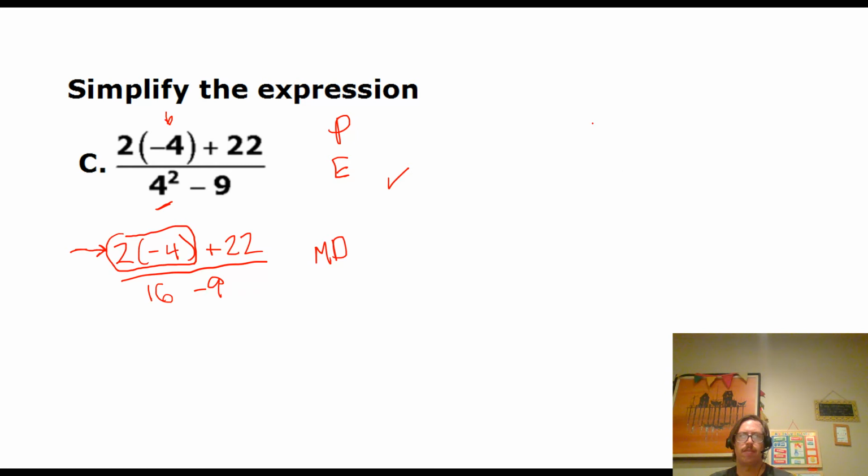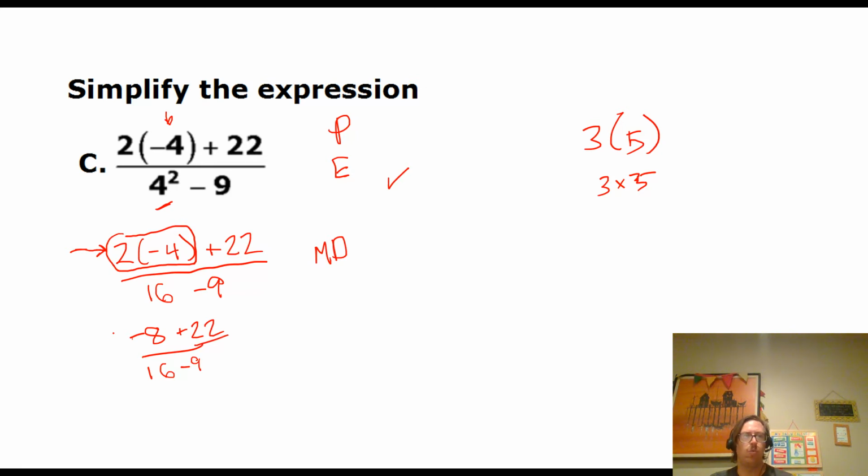Anytime we have a number up against parentheses, that can be rewritten as a multiplication problem. 3 times 5. 3 groups of 5 is the same as 3 times 5. So here we have 2 groups of negative 4. So I'm going to solve that and rewrite negative 8 plus 22 over 16 minus 9.